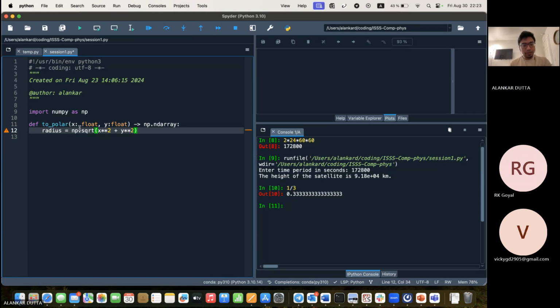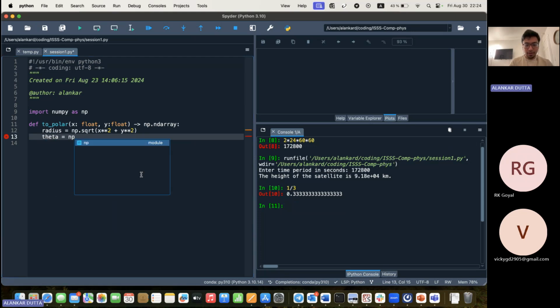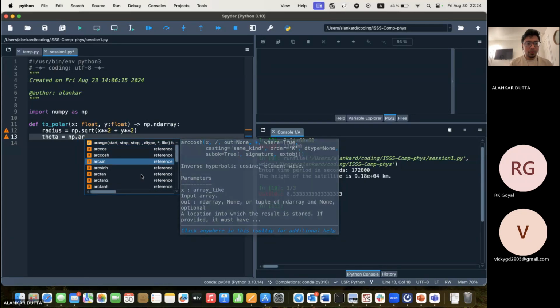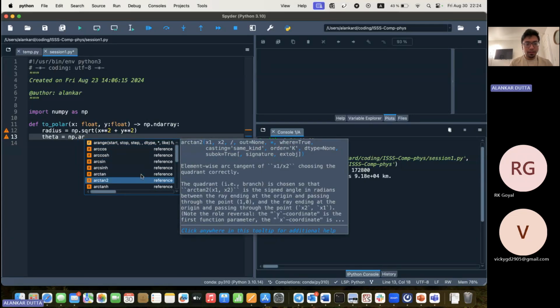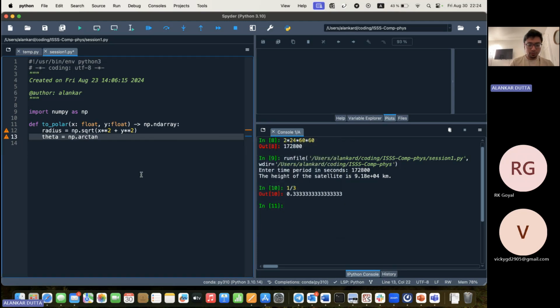This is the same formula. While the theta that you'll get is np.arctan. There's something called arctan2 as well, so let's just use arctan for now, but you can also use arctan2. But this is tan inverse of y by x.